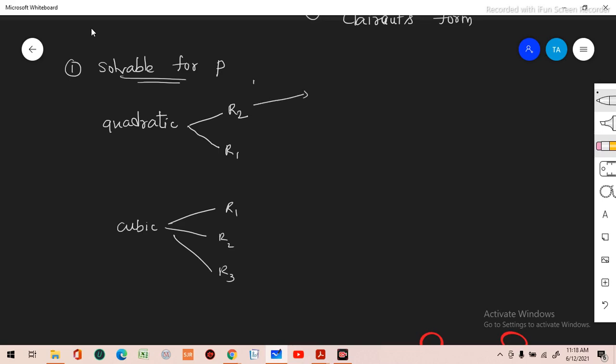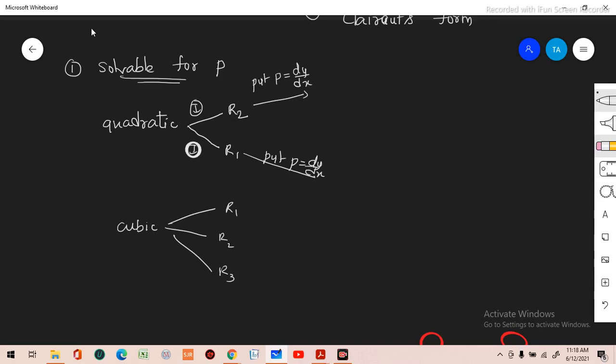We substitute p is equal to dy by dx. What is the first step? We will find out the roots. What is the second step? We will put the value of p is equal to dy by dx for both the roots.